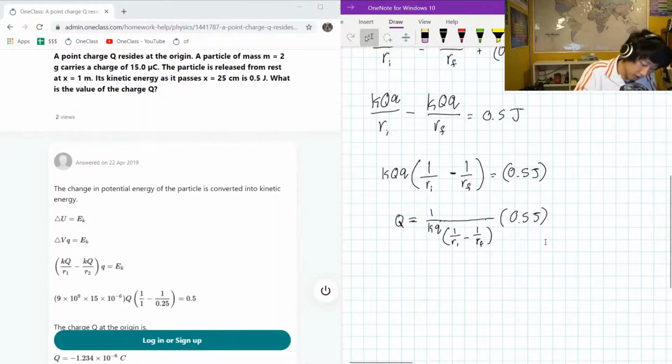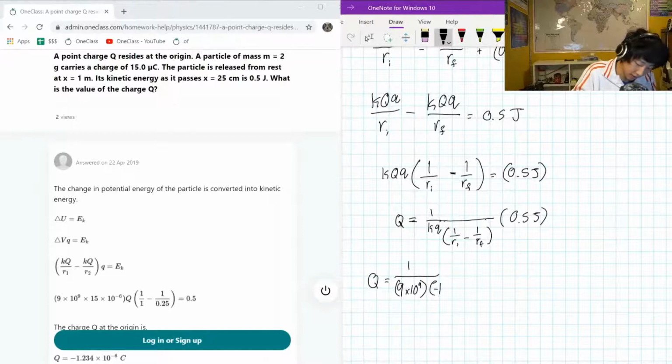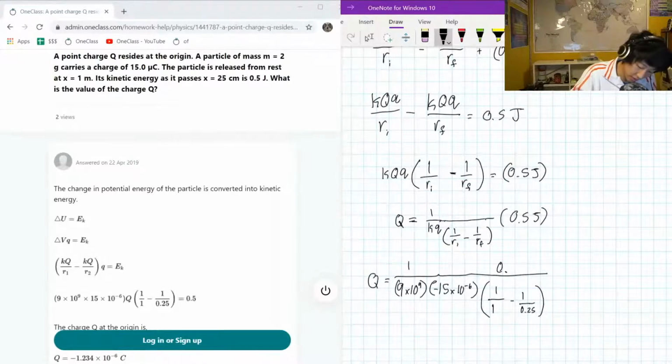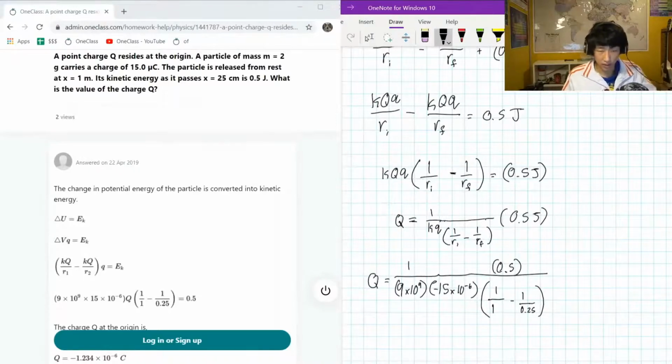Okay, so let's sub in our values here. 1 over 9 times 10 to the 9, that's our k. Our q value was negative 15 times 10 to the negative 6 coulombs. Our initial was 1 over 1 meter minus 1 over 0.25, that's our final distance. And on top here we have 0.5. Yeah, just that. So let's run through this calculation.